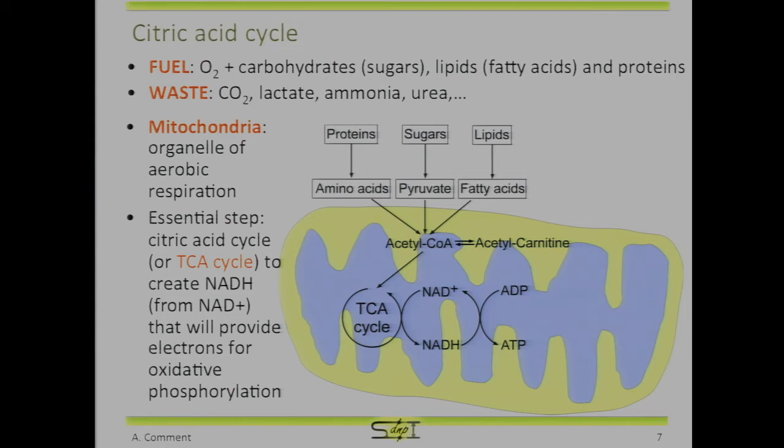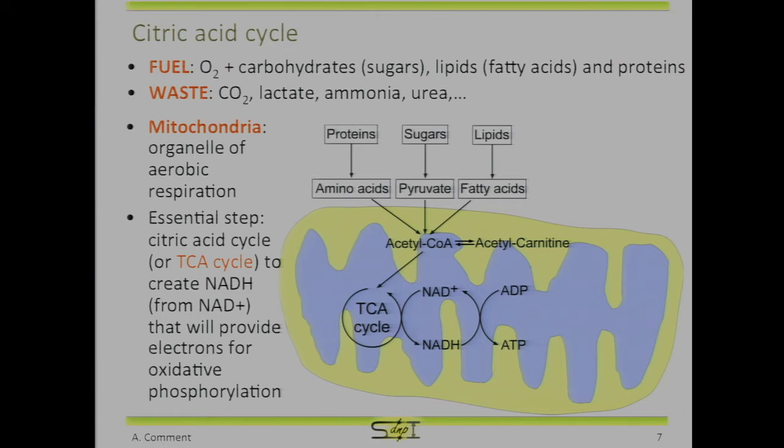It's the same kind of process: you have NAD+, a molecule that you load with an electron through this cycle, and then you can create the oxidative phosphorylation step that goes from ADP to ATP.